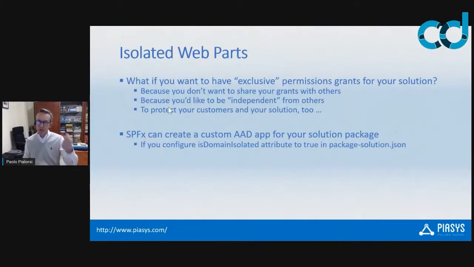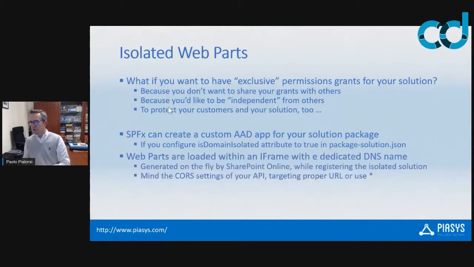If an admin says yes, we approve the permission request, the permissions will be granted to a dedicated application principal in your Azure Active Directory. And as such, your solution will be the only one with the permissions to consume that specific API that you wanted to use.